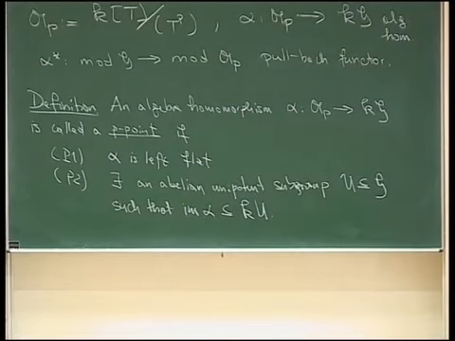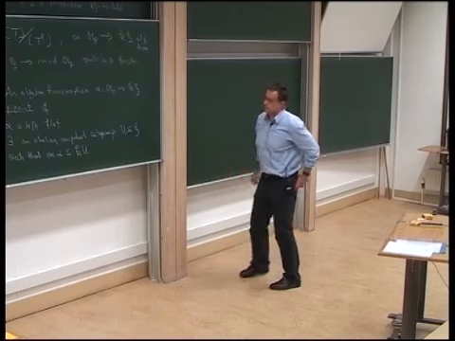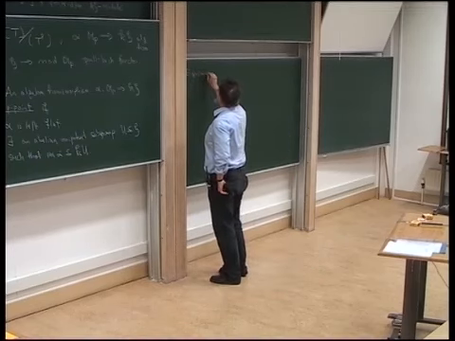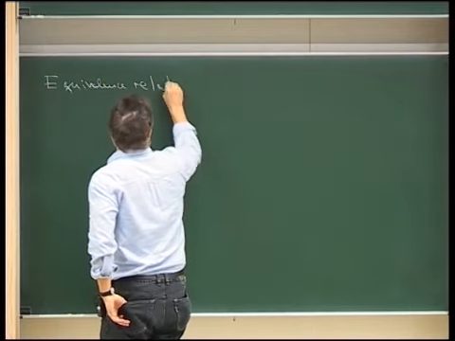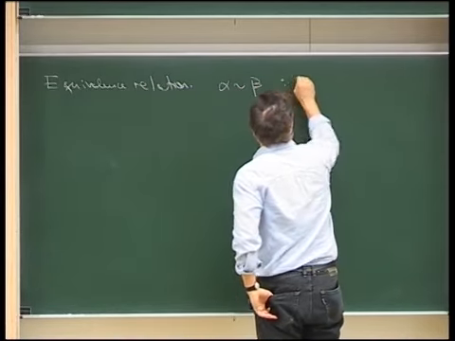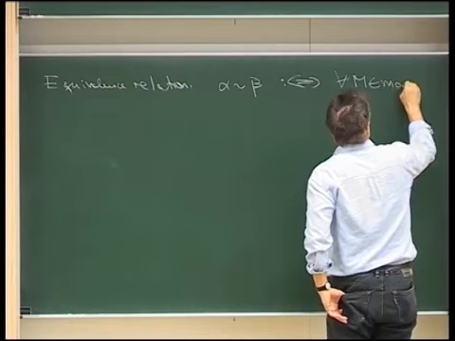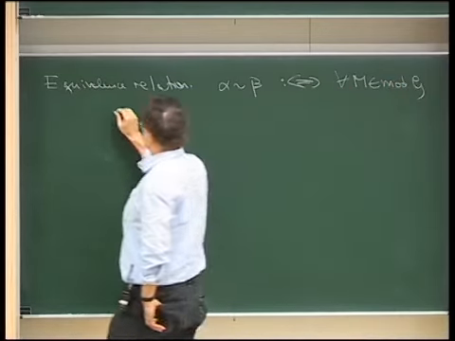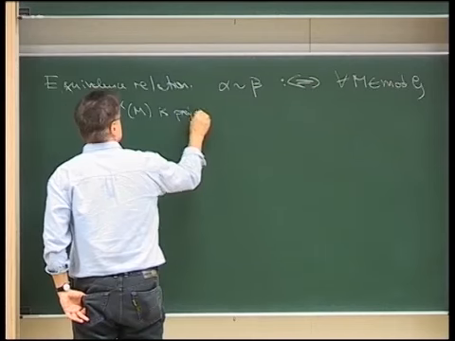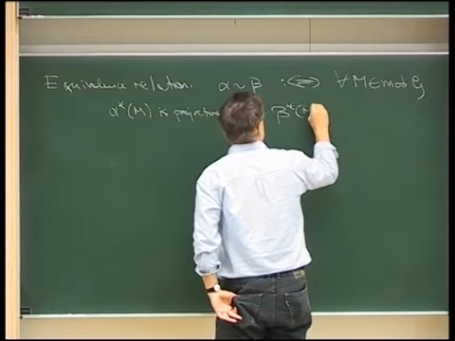So before commenting on that, let me give you a little bit more notation. You can introduce an equivalence relation on p-points. So you define two p-points to be equivalent exactly when, for all M in mod G, the pullback along alpha is projective, which is the same as being free, if and only if the pullback along beta is projective.